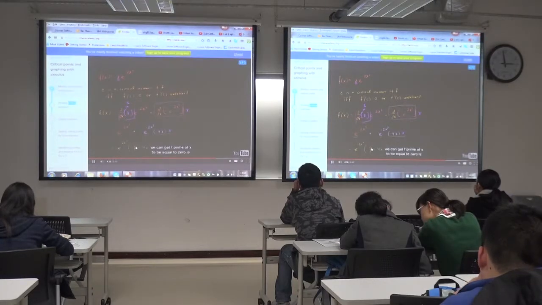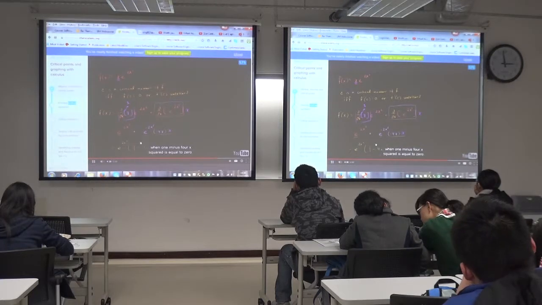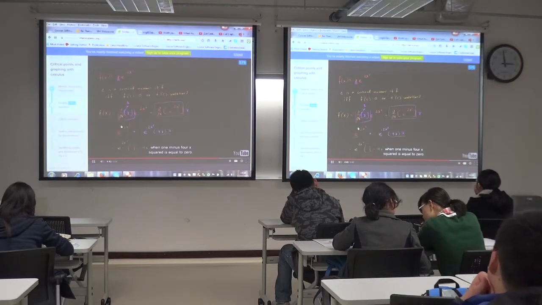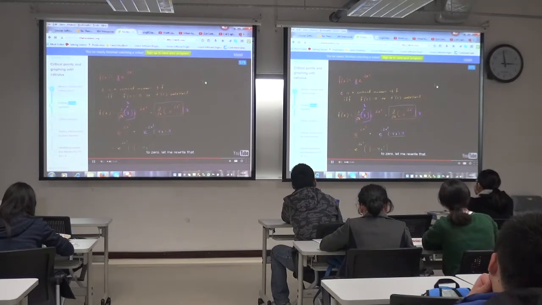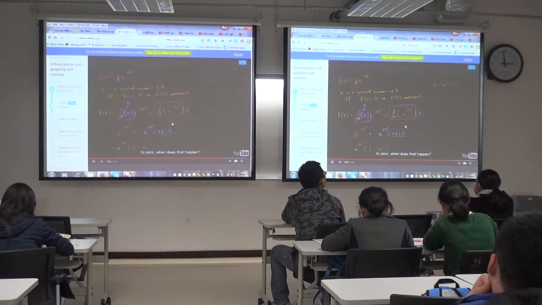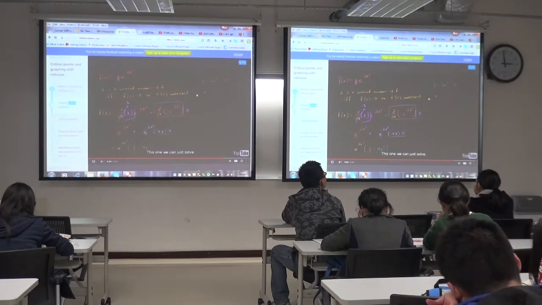But if the product of two things is 0, at least one of them has to be 0. So the only way that we can get f prime of x to be equal to 0 is when 1 minus 4x squared is equal to 0. And this one we can just solve. Add 4x squared to both sides, you get 1 is equal to 4x squared.